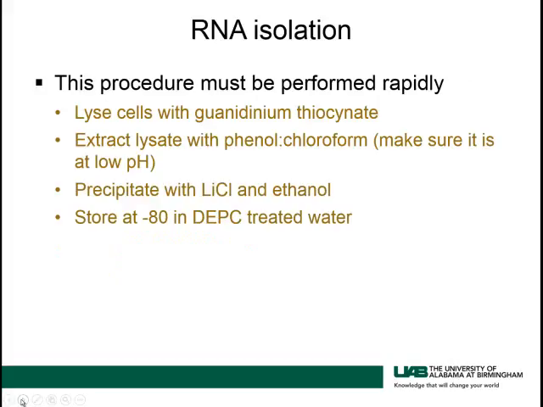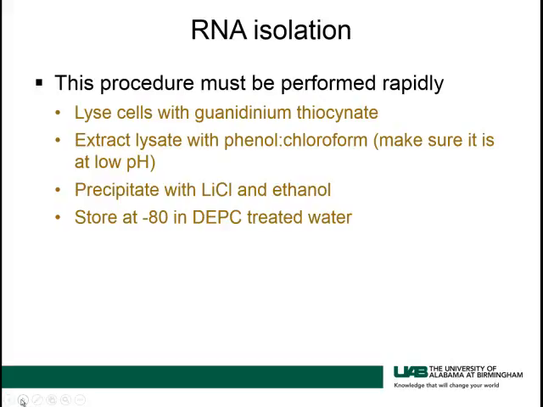Here I'm going to go through a very generic procedure for RNA isolation, and please remember that we can have different adaptations of this procedure. It begins as follows, and you need to remember that when you're isolating RNA, you must do it very quickly and freeze the sample down immediately.